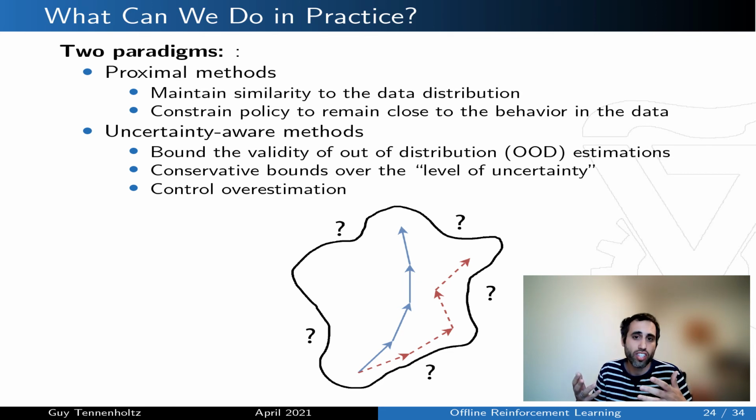How do we measure such uncertainty? This becomes a pretty hard problem, and the problem actually reduces to being able to measure this uncertainty. So let's see some examples of algorithms that use proximity and algorithms that use uncertainty.